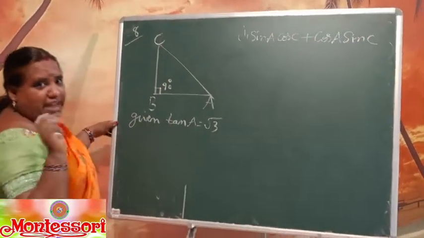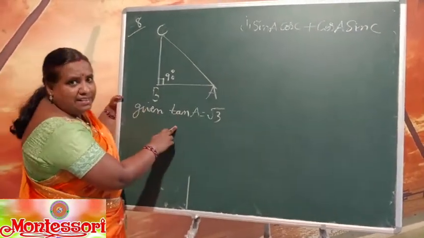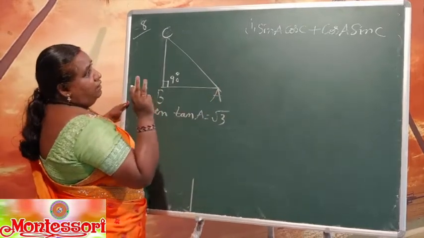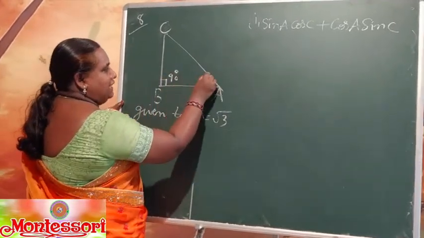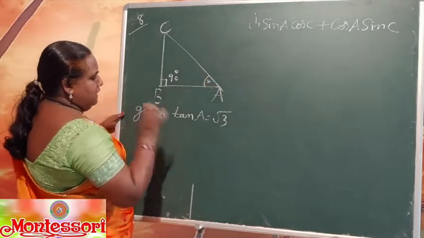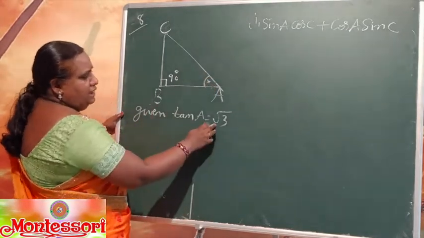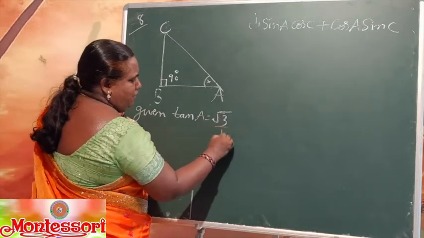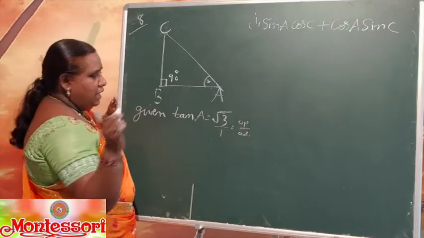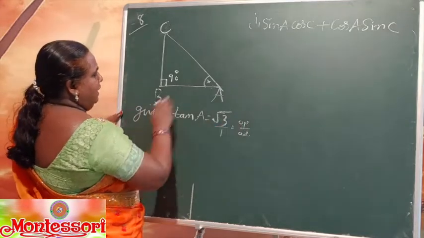Now see very carefully, children. Only this is given. We have to find the values. And one more thing, you have to see carefully to which angle you are focusing. For example, tan A is root 3. Root 3 is nothing but root 3 by 1, meaning opposite by adjacent. Now what is the opposite side for A?